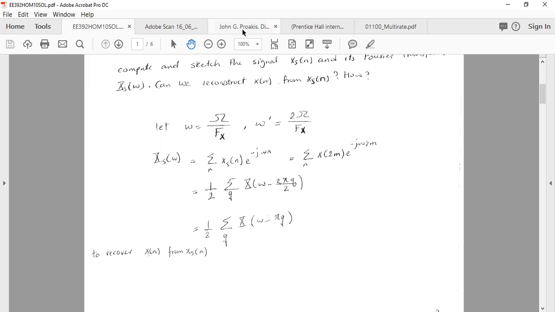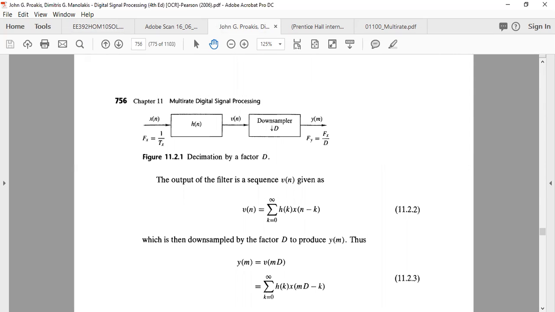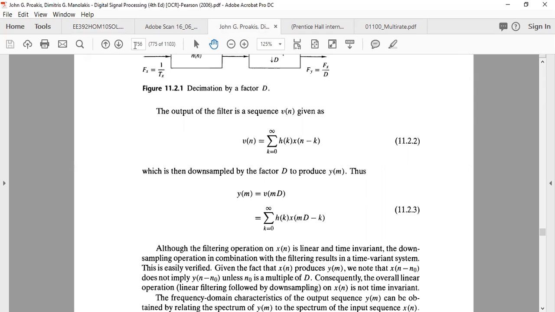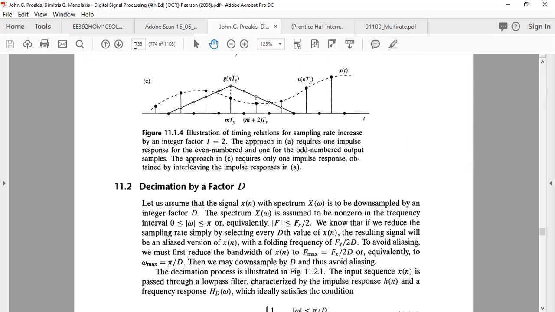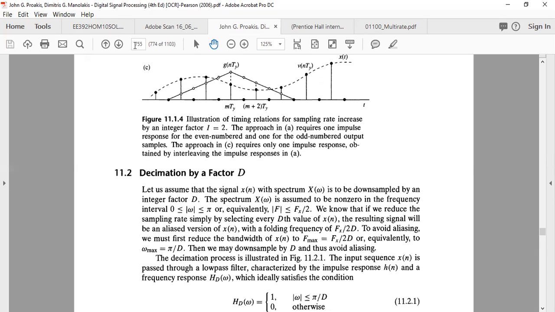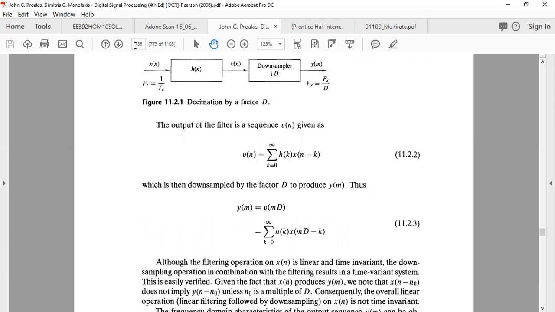So based on your textbook, if you go to page number 756, it tells you about the downsampler, how a decimation works. A decimation is basically downsampling, or reducing the size of the samples that you have. So there's a whole set of notes on this, and I hope you guys have covered it.